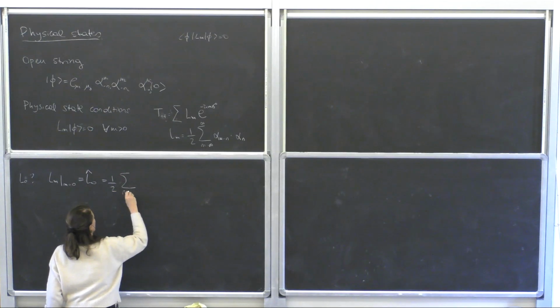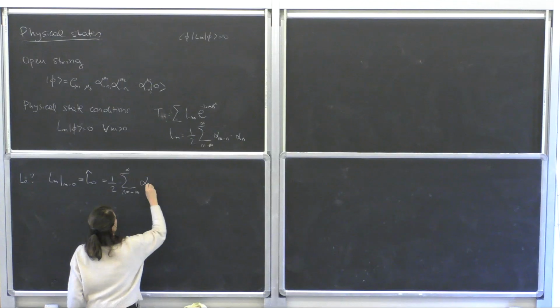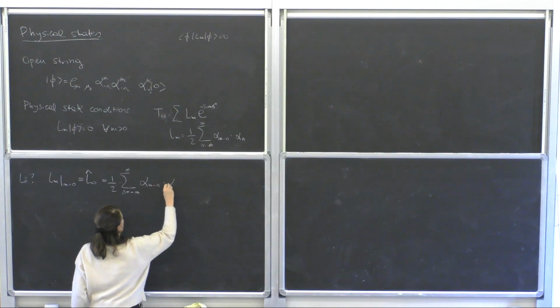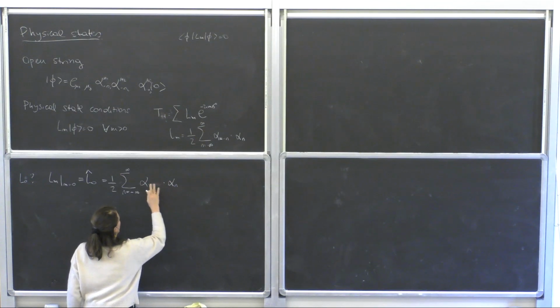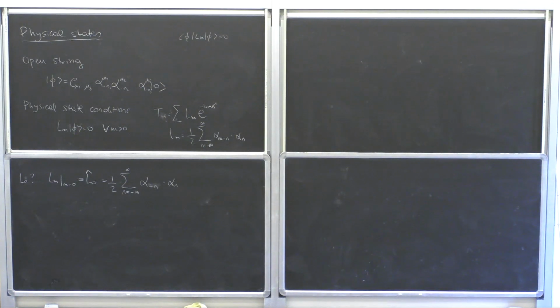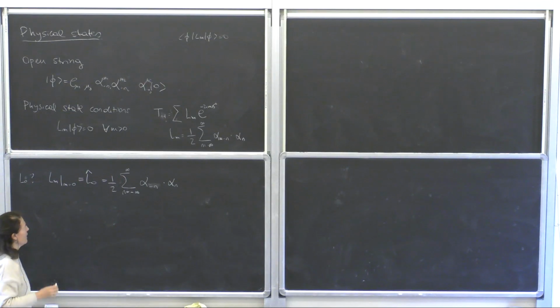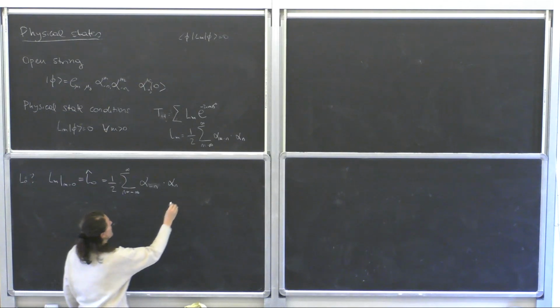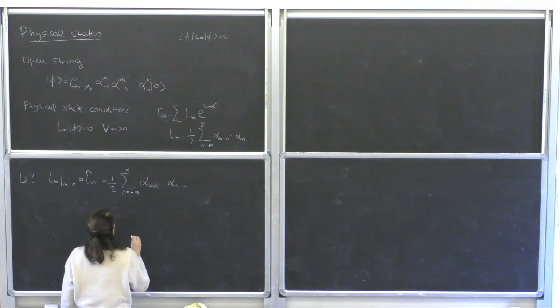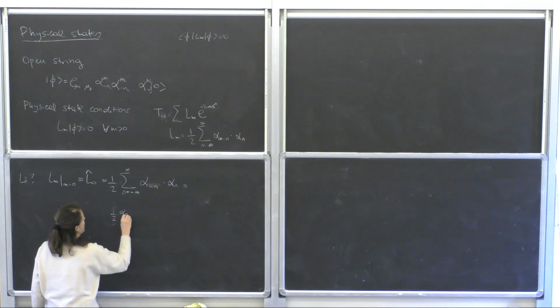So this is 1/2 of the sum from n equals minus infinity to infinity of alpha minus n, alpha n. And now let me split the sum. When n is equal to 0, we get 1/2 of alpha 0 squared.